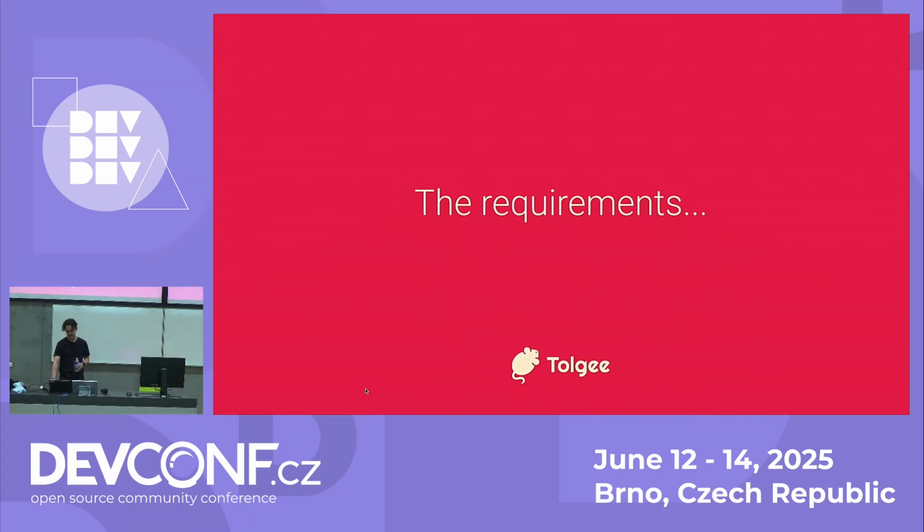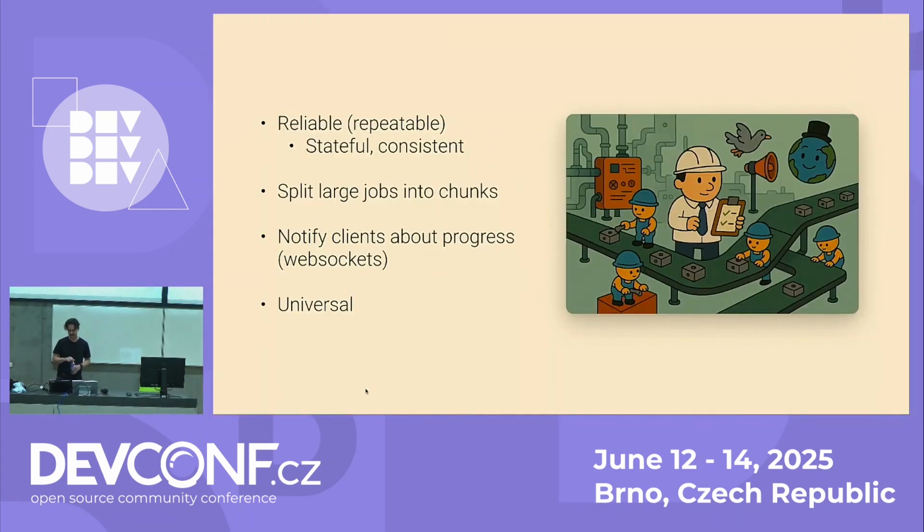And then we have some other requirements. We want to have it reliable and stateful and consistent. If, for example, the state of the batch job changes, we need to be sure that also the data which the batch job is handling are changed, and the other way around. If the data changed, then we need to report that the job was successful.